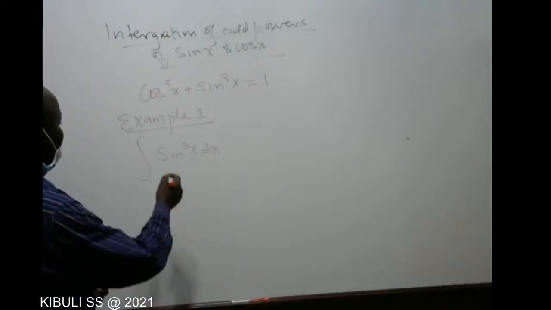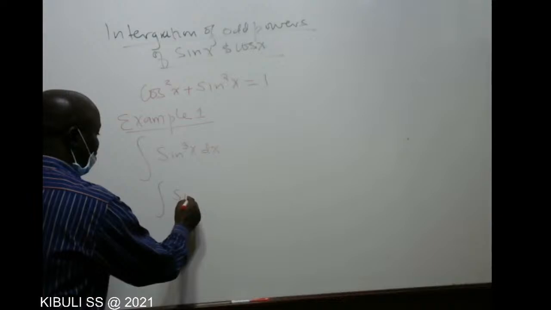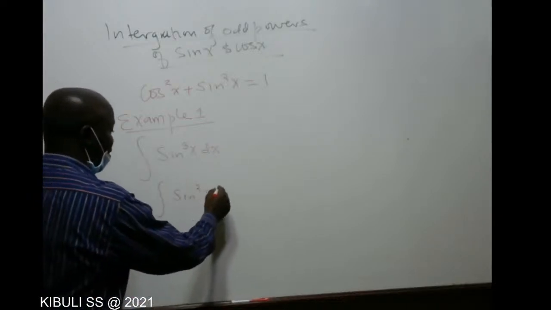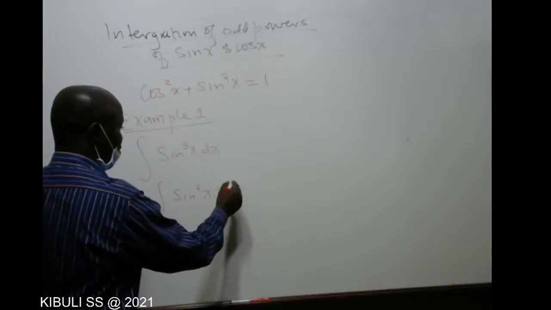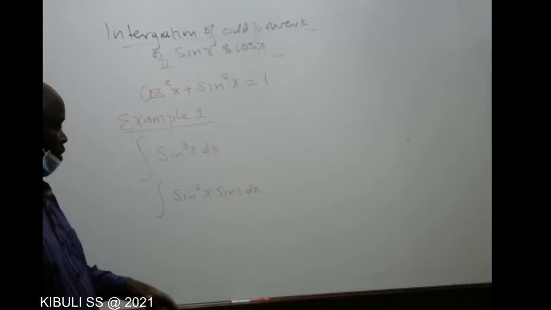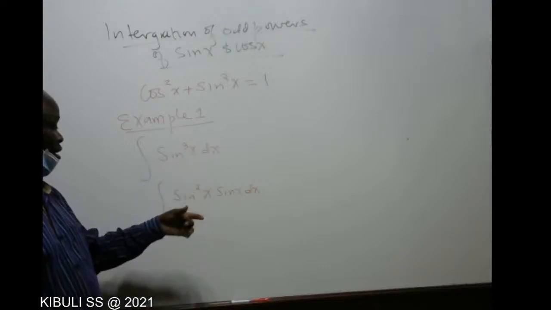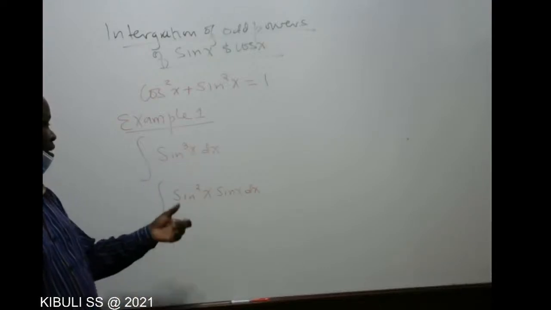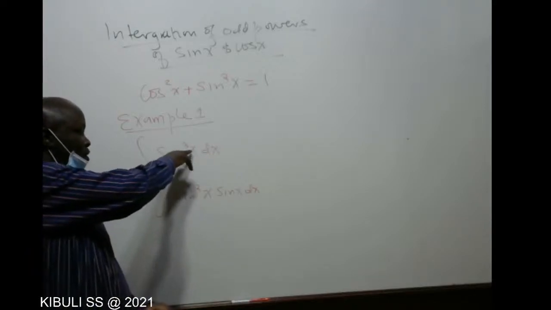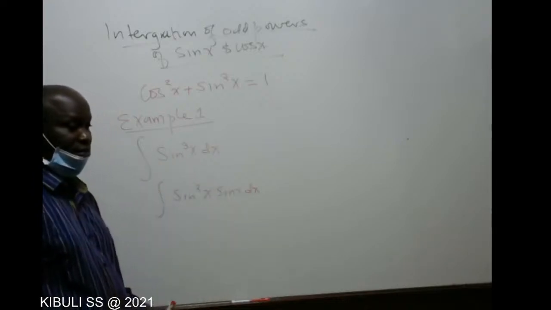Which means this is the same as the integral of sine squared x, sine x dx. Observe, this is power 3, because sine power 3 x is the same as sine squared x times sine x dx.